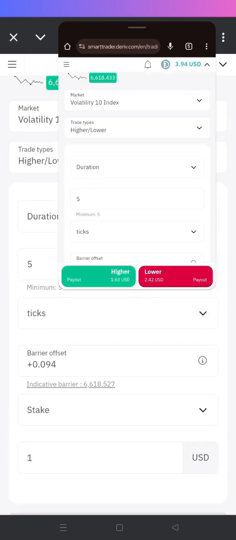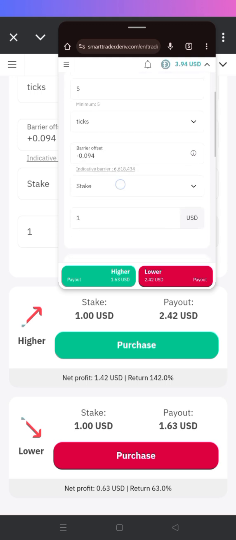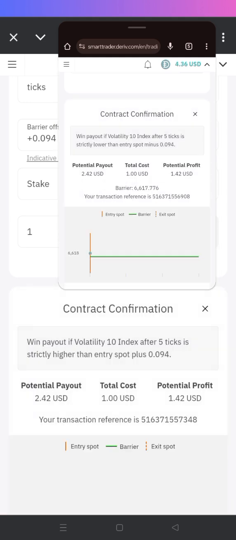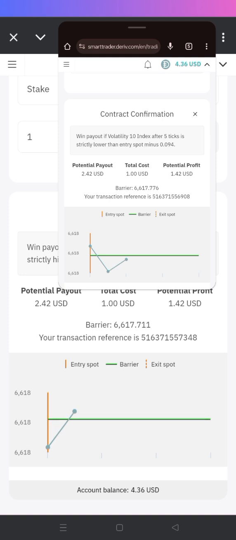Sometimes the platform tries to monitor your trades. So you can see my stake, I've won on one side, I've lost on one side, but it hasn't increased in capital, it was the same. So let's see, it is back at 4.3 something.